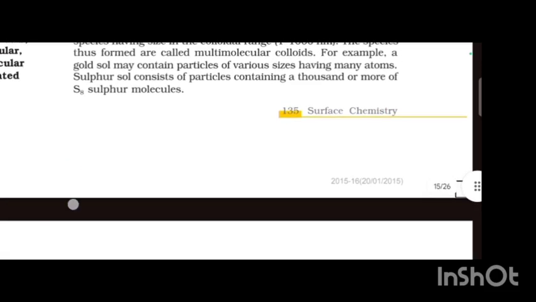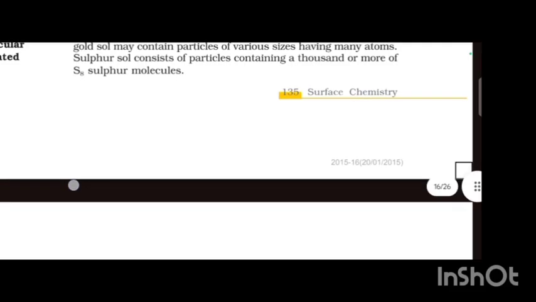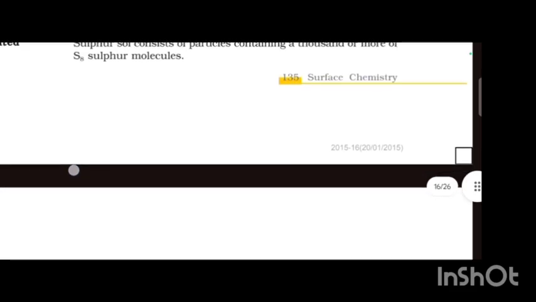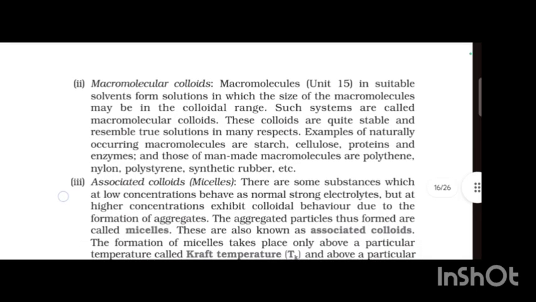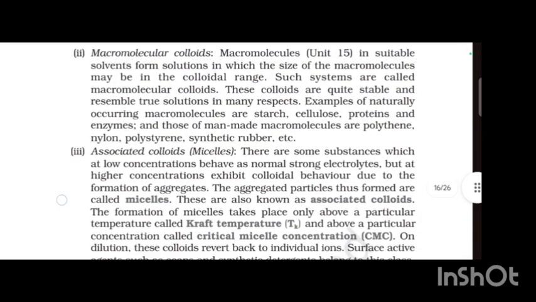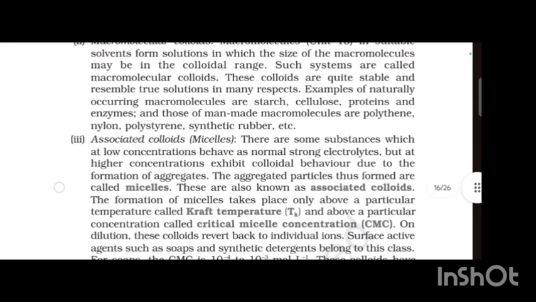For example, a gold sol may contain particles of various sizes having many atoms. Sulfur sol consists of particles containing 1000 or more S8 sulfur molecules. Second, macromolecular colloids. Macromolecules, Unit 15, in suitable solvents form solutions in which the size of the macromolecules may be in the colloidal range.